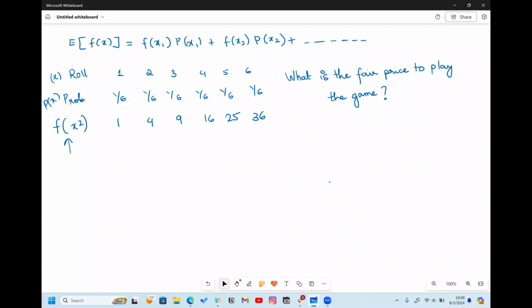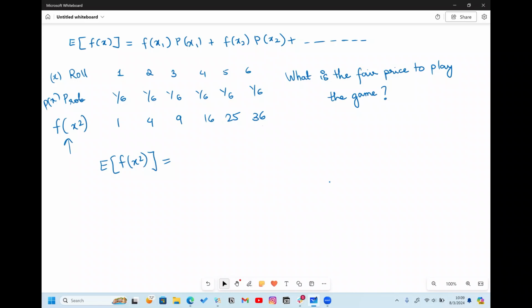So this is where expected value comes in. You want to find, on average, what is the value that you're going to get for this? So here, according to the formula, we write the expected value of f of x squared.